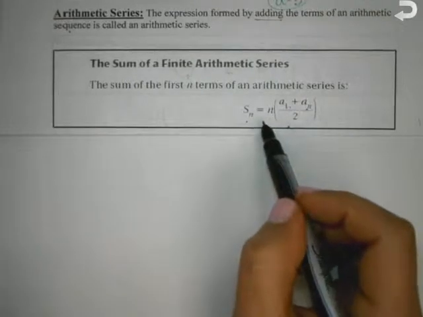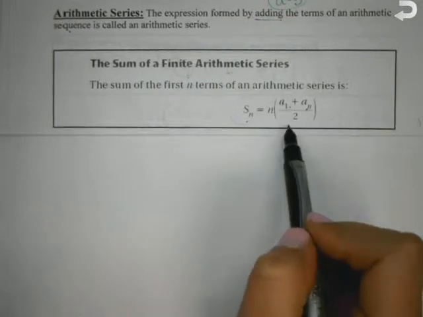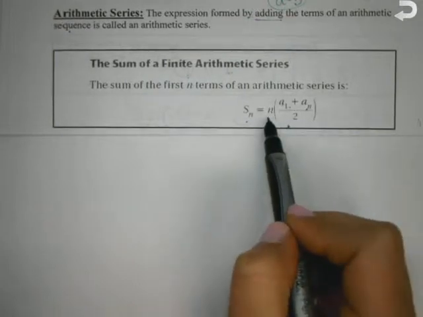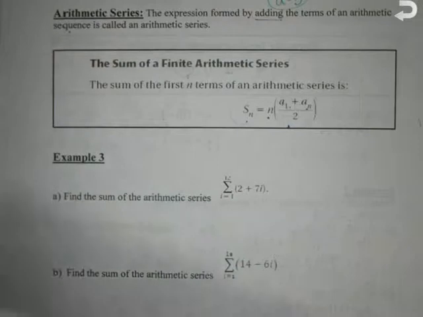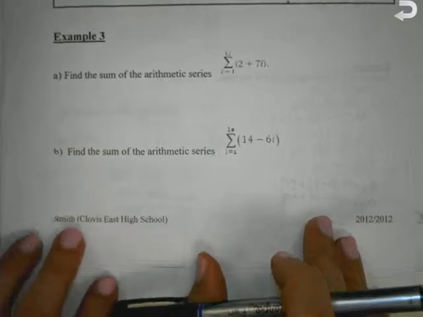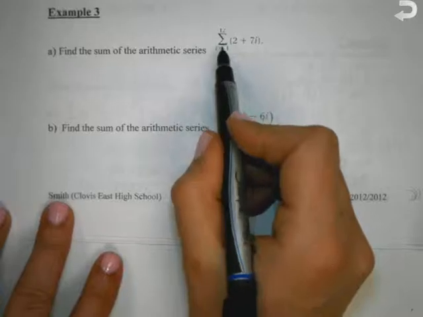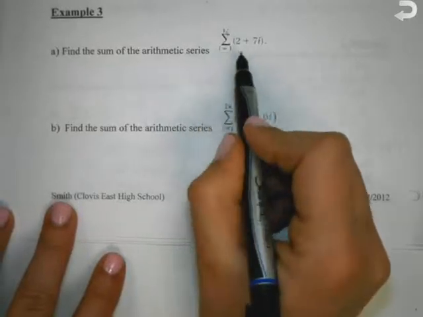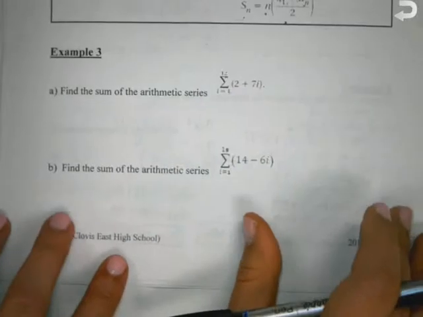So let's look at example 3. Find the sum of the arithmetic series, the sum from i = 1 to 12 of 2 plus 7i. So in order to use this formula, we need to figure out what a sub 1 is and what a sub n is. What's n here?